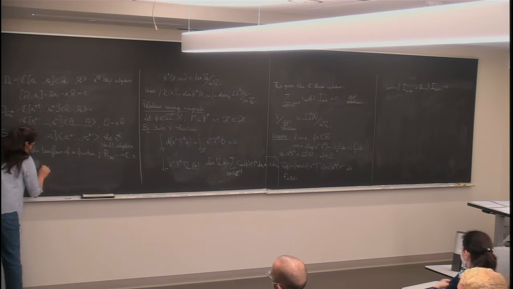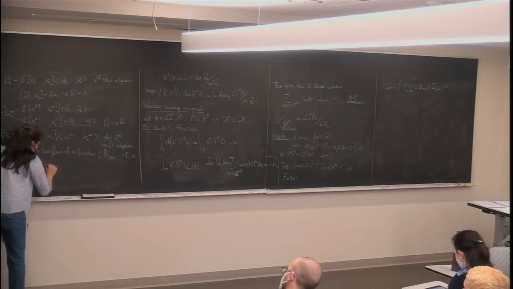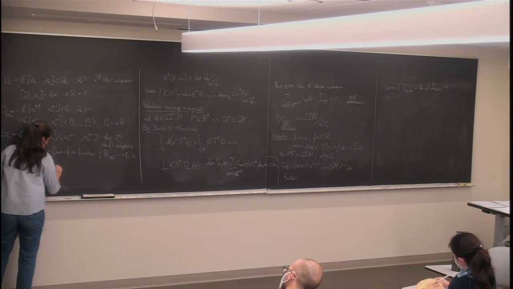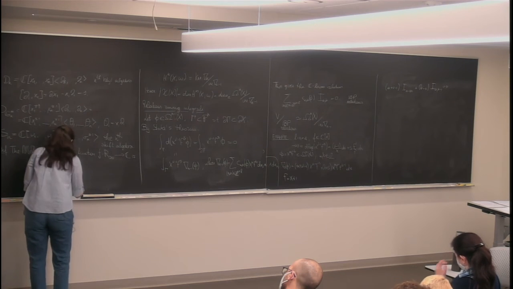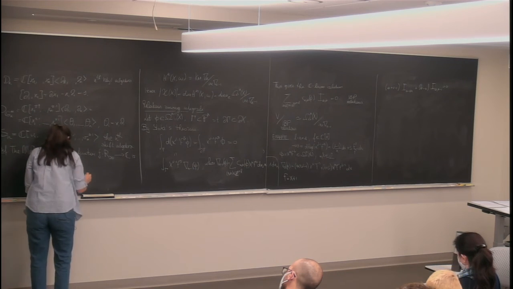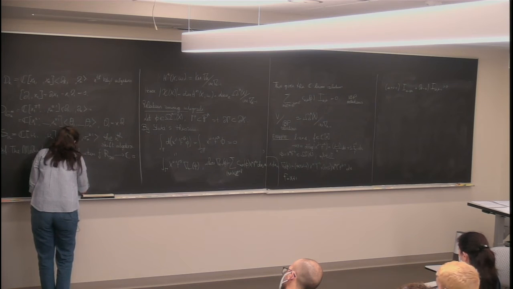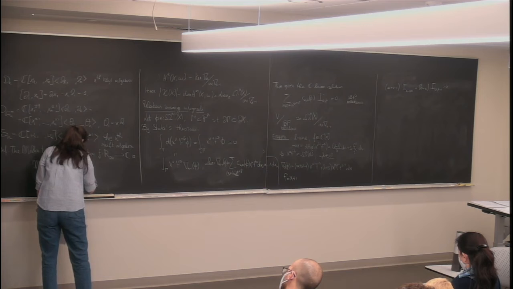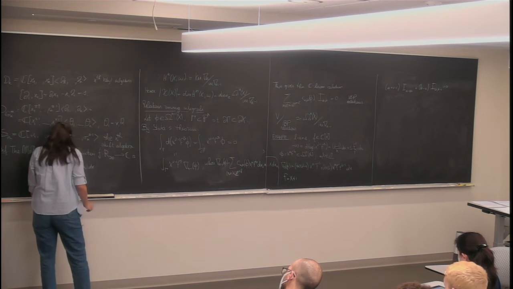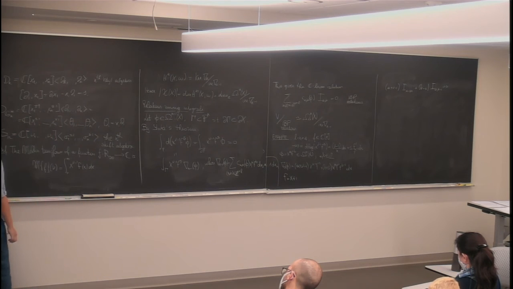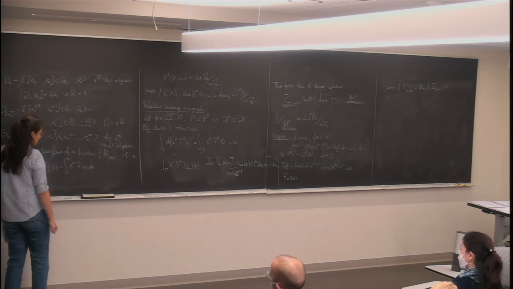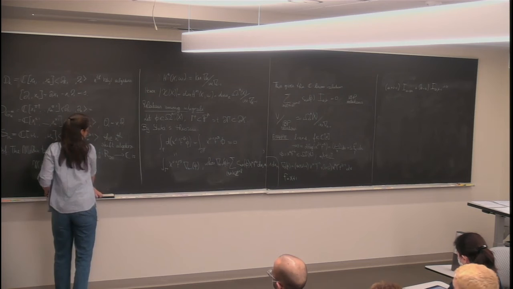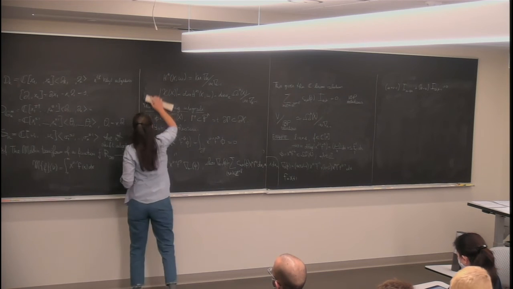The Mellin transform of the function f is now a function in ν, and it is defined to be the integral from 0 to infinity of x^{ν−1} f(x) dx, where one needs to assume that f decreases rapidly at 0 and infinity to have convergence of such an integral.